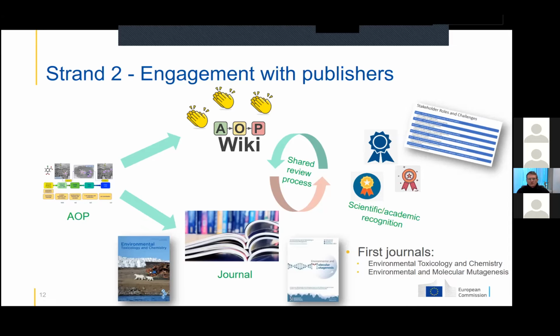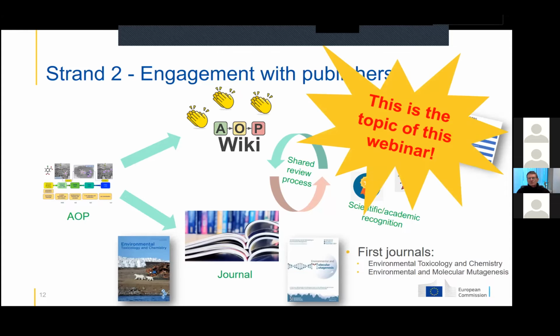So I don't want to give their story away here, but we have already started that process, that people from journals are willing to help in the AOP publication process. And this is the very topic of this webinar.